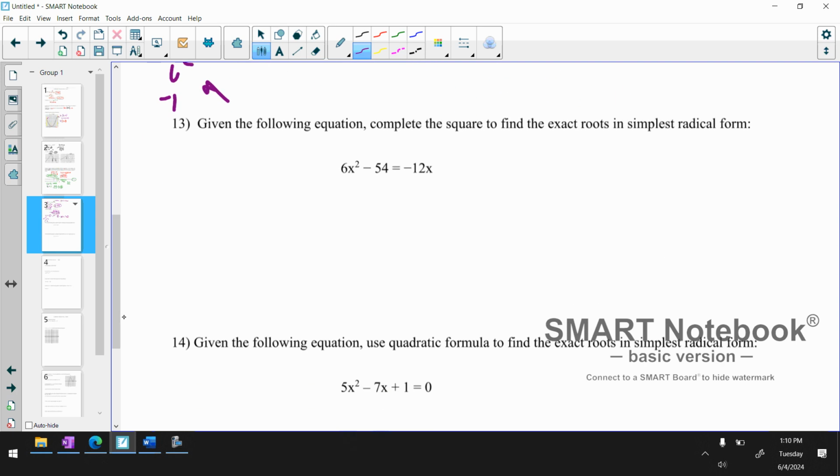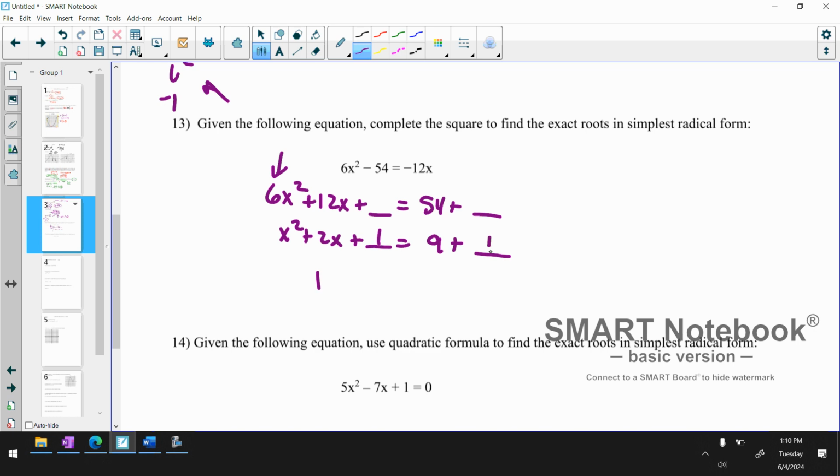Next one, complete the square. So I need to get my x's to one side. Get that 54 over to the other side. I'm going to divide everything by 6. I need that to be 1. So what is that? 9. Half of 2 is 1. 1 squared is 1.